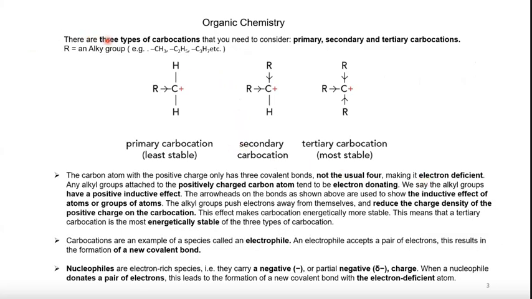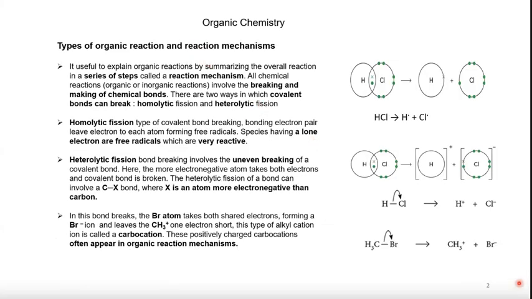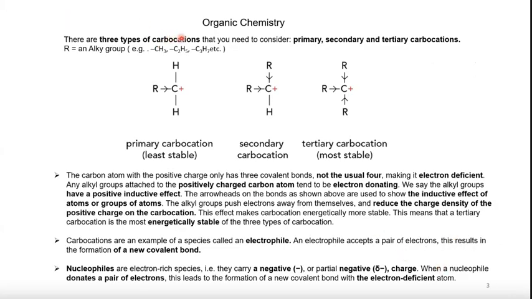So, we go back to the earlier slide, what we call carbocations, this one. There are three types of carbocations: primary, secondary, and tertiary carbocations. Which one is primary? If we have one alkyl group attached to this carbon atom, we call it a primary carbocation.